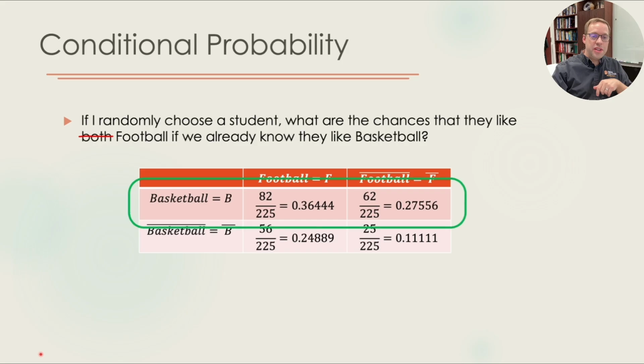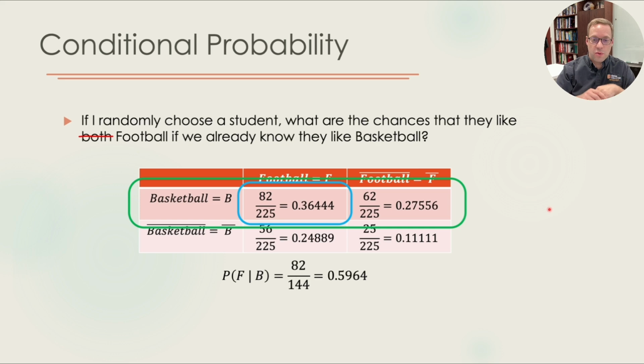Well, if we already know that they like basketball, that means that we know that they have to be in one of these two groups. And of these two groups, we are hoping to find someone who likes football in that group. Okay, so now we're going to calculate a probability just with these two cells here. That's the idea of conditional probability. You're restricting yourself to a smaller starting point, a smaller subgroup, and then you're finding the probability out of that smaller subgroup.